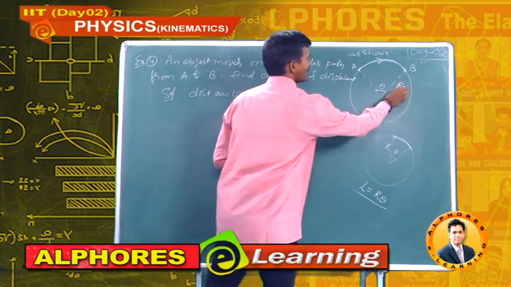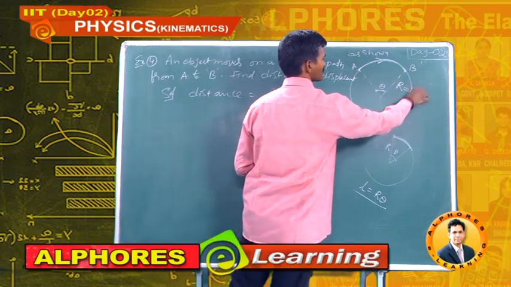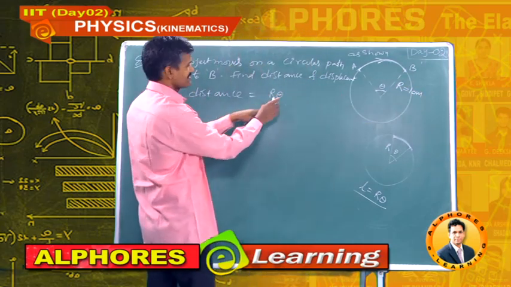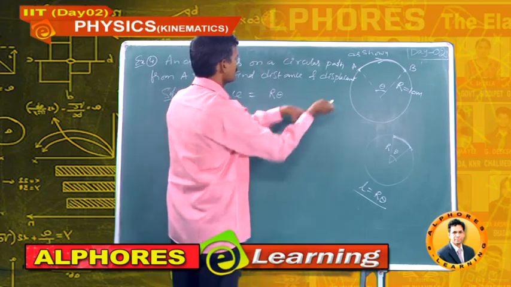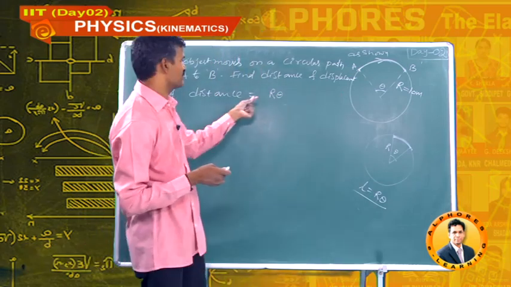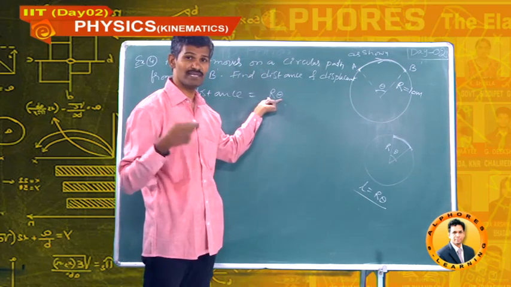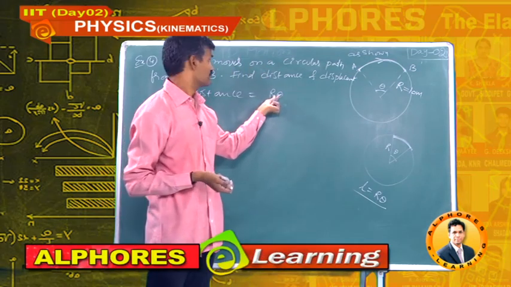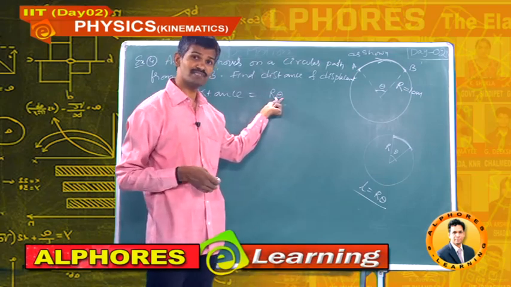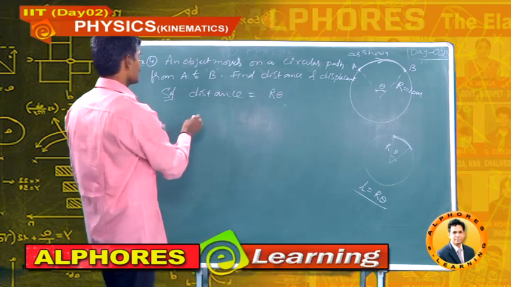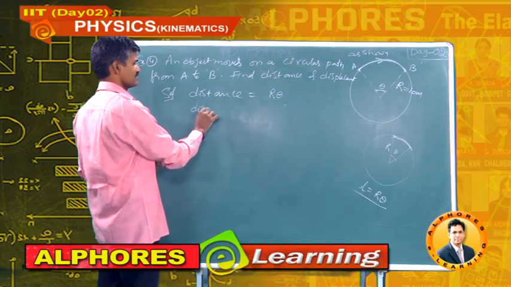If you consider this radius as 10 meters and theta in radians, this can be written as 10 into some angle. Angle may be 60 degrees, pi by 6 radians, pi by 3 radians, etc. But it is important, theta must be in radians, it should not be in degrees.